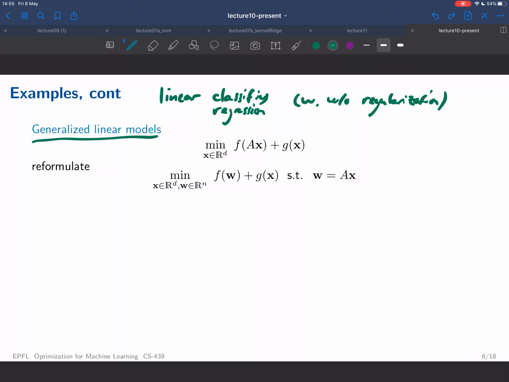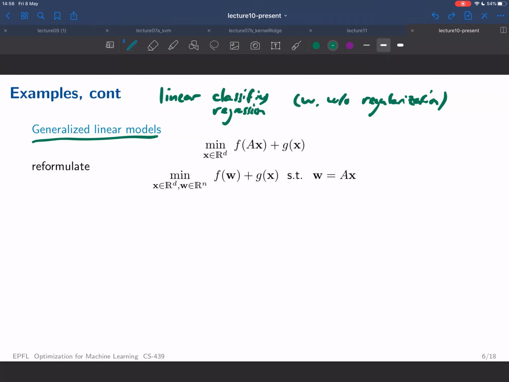You have a data matrix A. A is a gigantic matrix which collects all the data points and their features. The rows and columns are data points or features, and you have to be careful which one you want, but we're going to get back to this. That is the beauty of duality, that this will be kind of interchangeable.